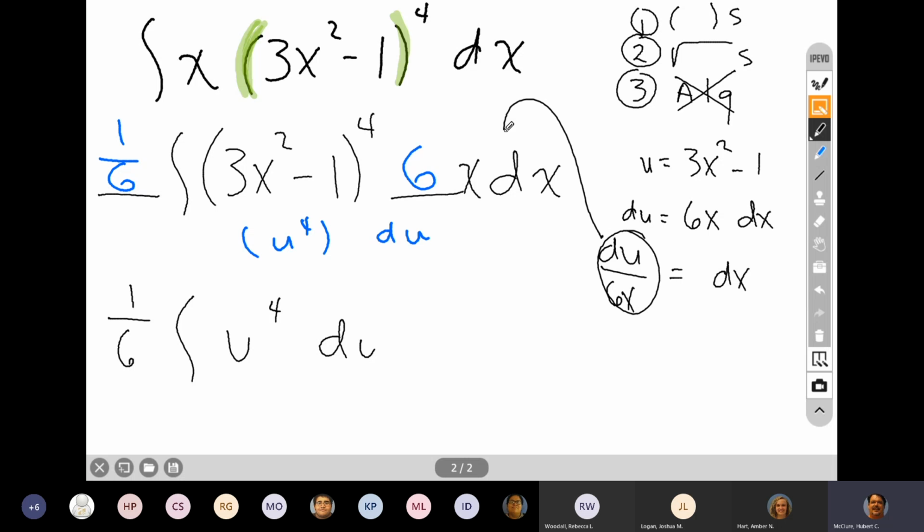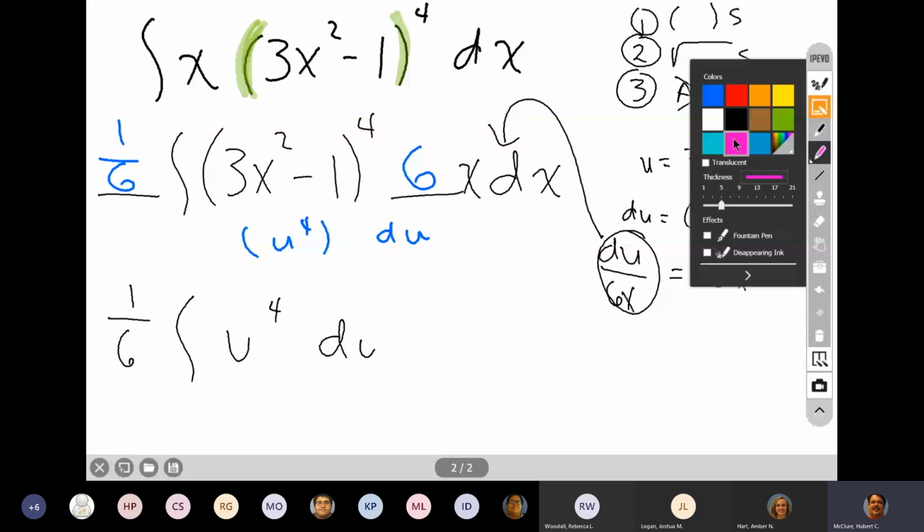Plug that in for dx. So dx is equal to du over 6x, and what happens to the 6x's? They cancel and you're left with du.